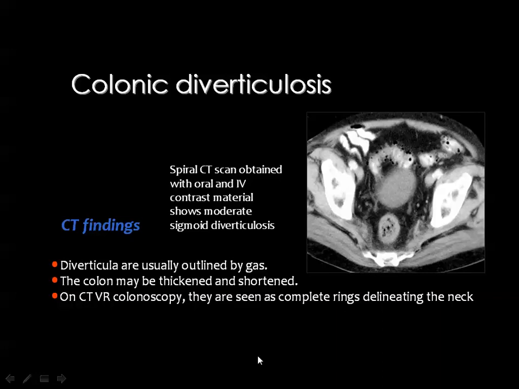CT scan as well as MRI can diagnose colonic diverticulosis, and this is an easy procedure. If you look at this CT scan, this is the sigmoid colon, and you can easily identify small buckets filled with air along the colonic wall, and this is diagnostic of diverticular disease of the colon.